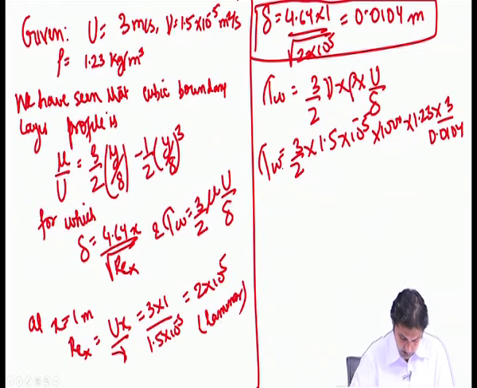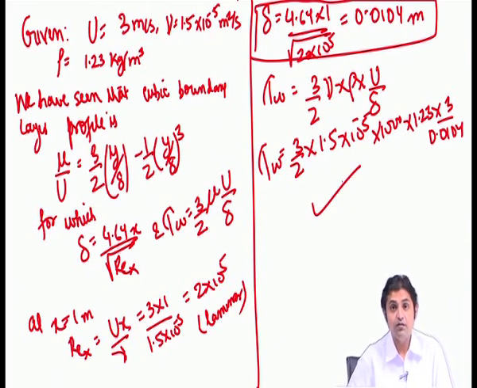So this is the way tau w can be found out.